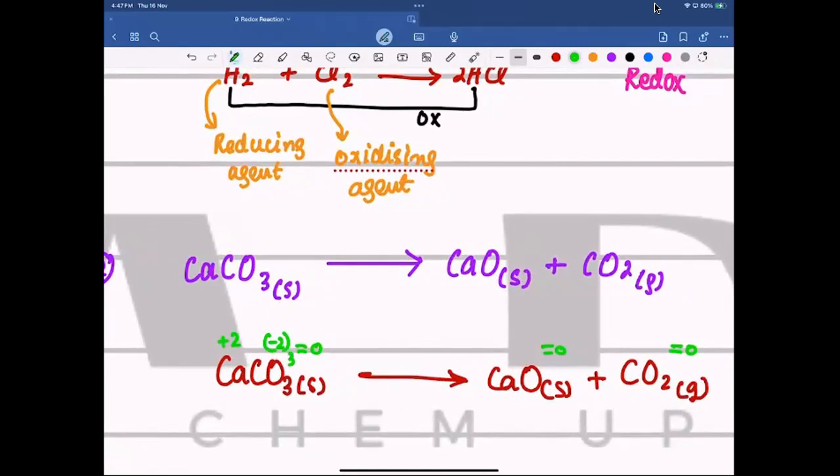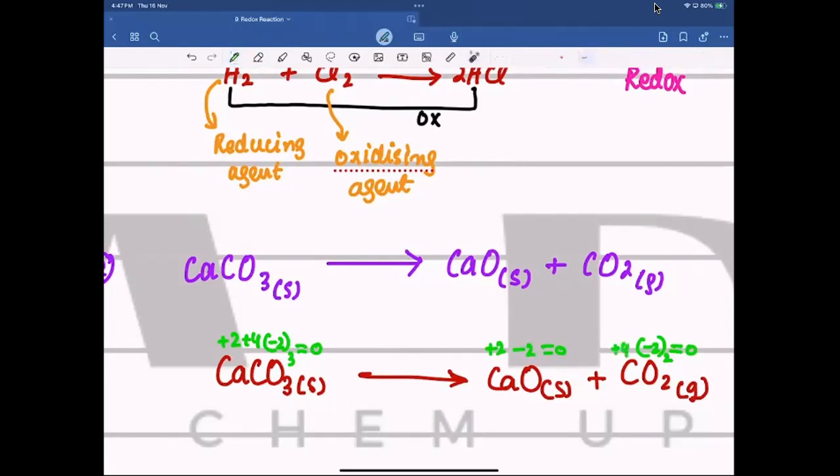So oxygen has -6, calcium has +2, and the net charge is 0. So what will be the charge over here, so that when I add all of them, it becomes 0? +4, right? +2 +4 makes it +6, and -2 times 3 is -6. So +6 -6 is 0. Here, calcium is +2, oxygen is -2. Here, oxygen is -2 times 2, which makes it -4. So to get the charge of 0, carbon must be +4.